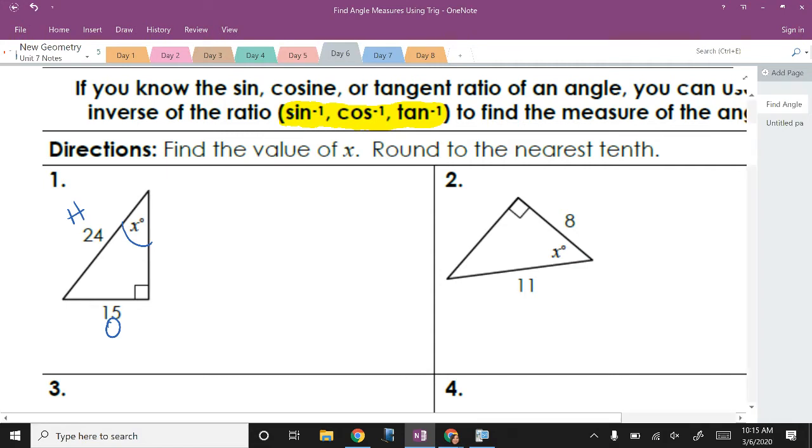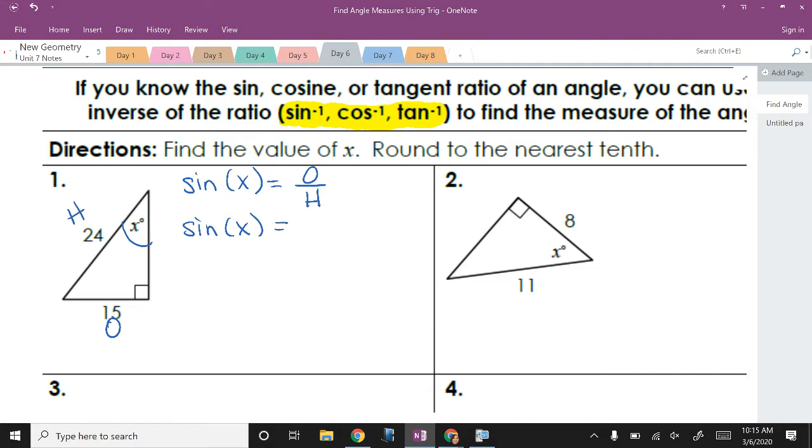So you're going to write your ratio, sine, and the angle measure is X because we don't know it, equals opposite over hypotenuse. So you can leave off that step if you want to. I'm just showing you what I'm doing. So what is the length of the side that's opposite from X? 15 over what's the hypotenuse of the triangle? 24. So I have the whole ratio right there.